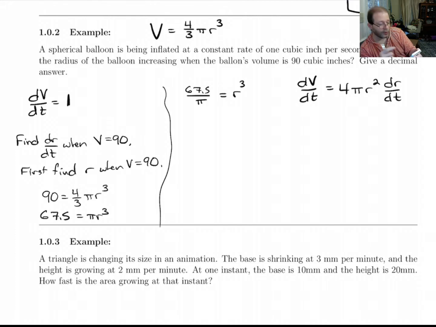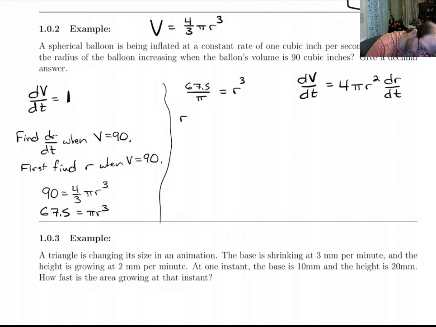Got to take the cube root of that, so I'm going to raise it to the 1/3 power. I get 2.7800 and so on. So I get that amount, and I'm going to plug that into this equation over here.